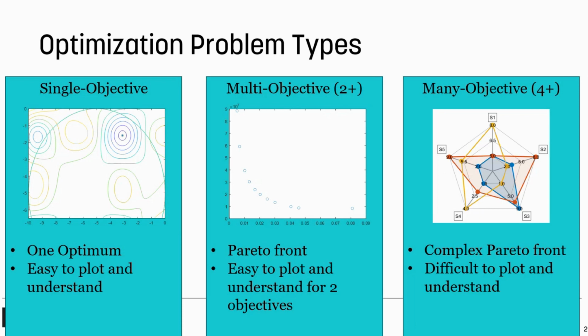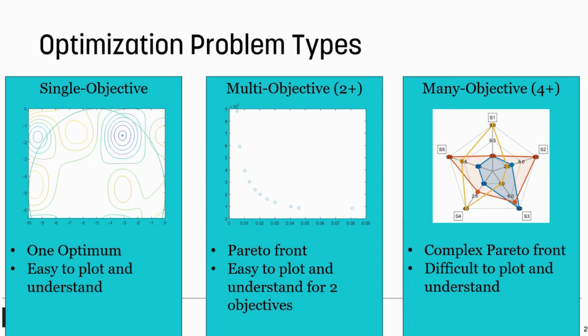Those problems are generally the easiest to solve for optimization algorithms, and they are also easy to plot and understand. To the left, you have just a contour plot showing the function value curves for a single objective function.